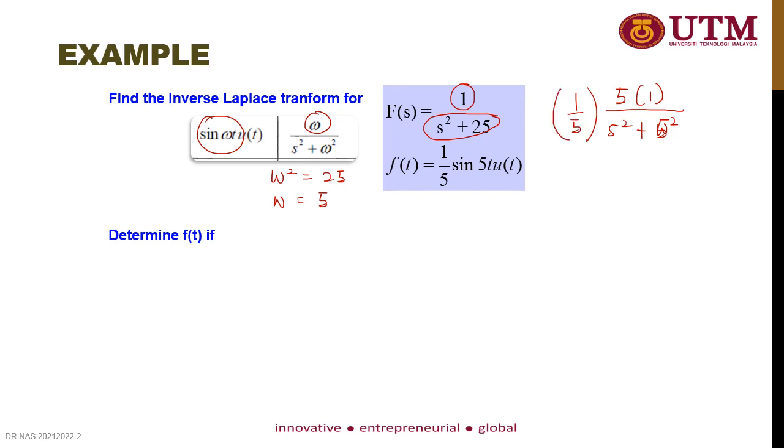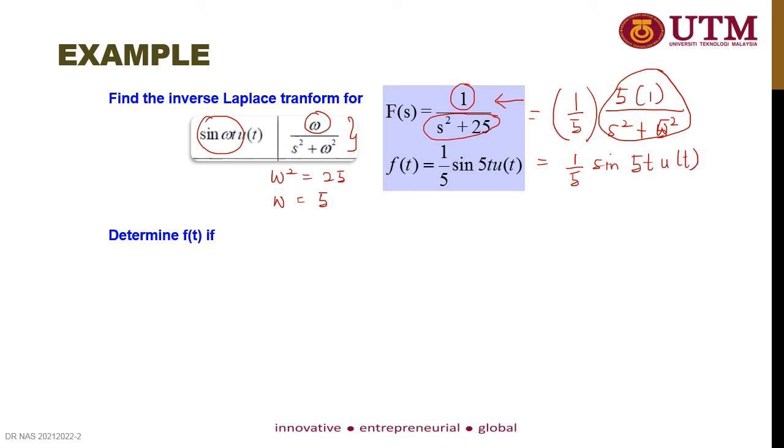When you cancel this out, this is again equal to the given equation. So in this case, it is equal to 1 over 5, and this is already in this shape. So you know it is a sin function, omega equal to 5, so 1/5 sin(5t) u(t).